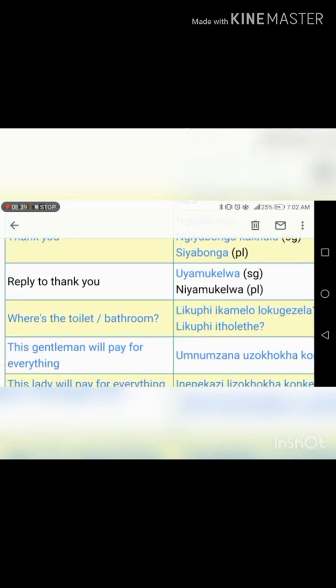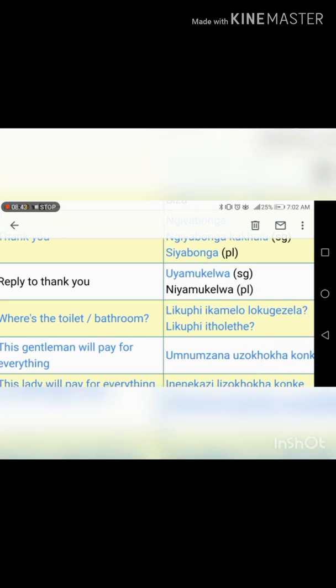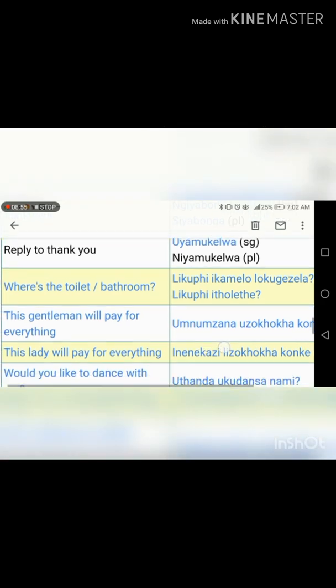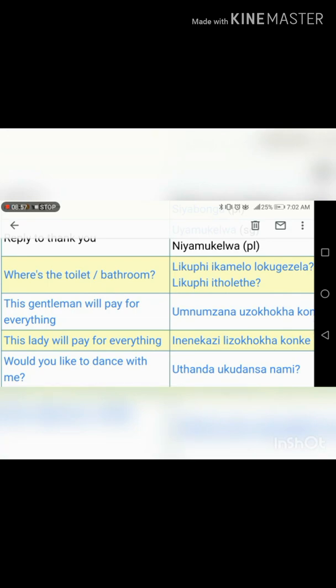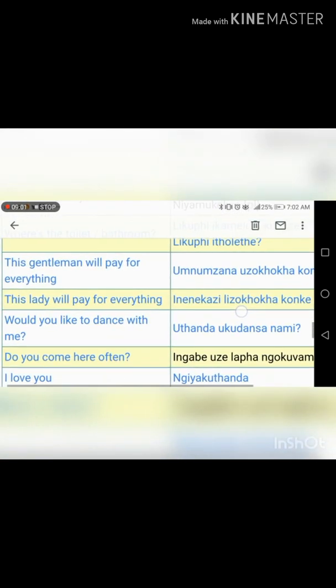And if you want to ask where's the bathroom or where's the toilet, likuphi ikamelo lokugezela or likuphi i-toilet. So this is a word that is used in the same sense as in English and Zulu. This gentleman will pay for everything: umnumzana uzokhokha konke.